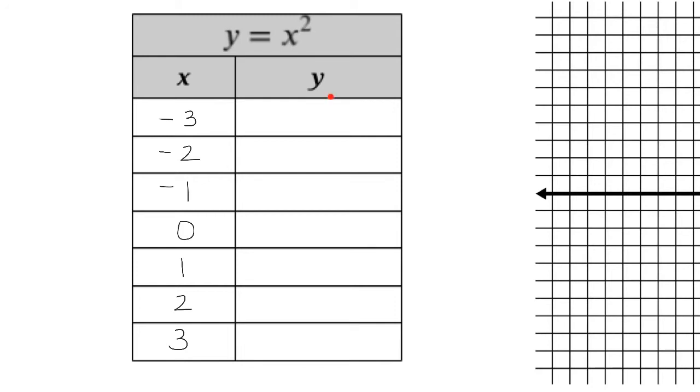So I'm going to go ahead and calculate the corresponding y values by plugging in each x value into my equation. So (-3)² would be +9, (-2)² would be +4, (-1)² is +1, 0² is 0, 1² is 1, 2² is 4, and 3² is 9.